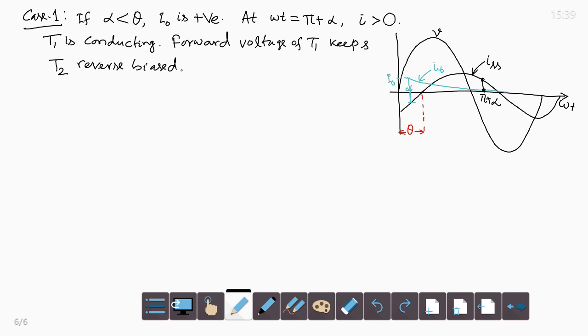So, if T2 is given a gate pulse at omega t equals to pi plus alpha, because it is reverse biased, it will not conduct.